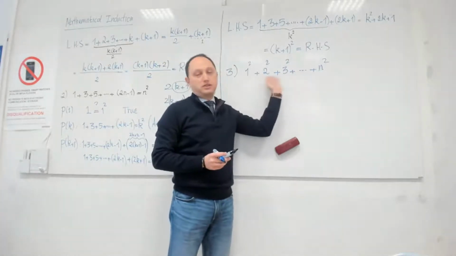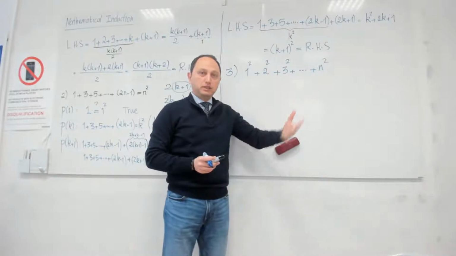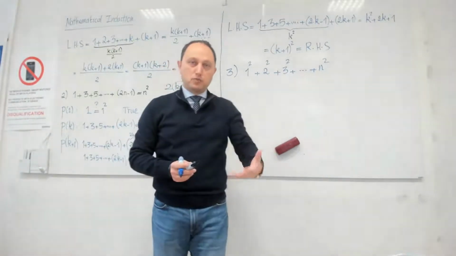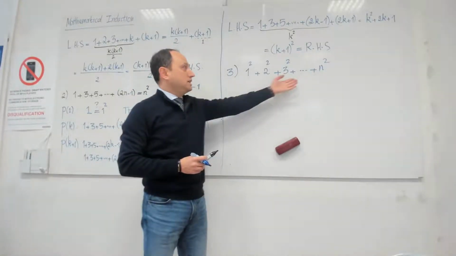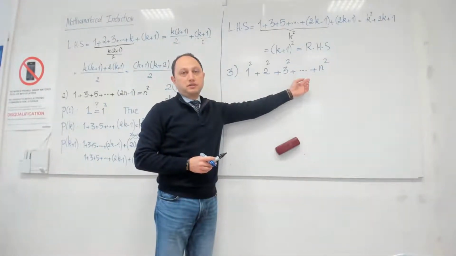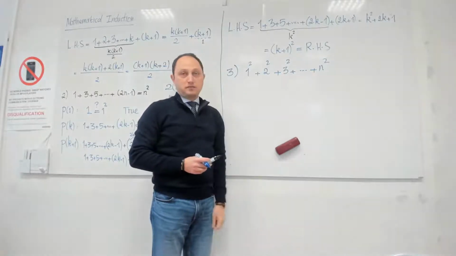This is not a statement, this is an expression. If I have a statement regarding a natural number, then mathematical induction can come to my help and try to prove that. But if I ask you, what is the formula for this? Mathematical induction is more or less silent in this case.